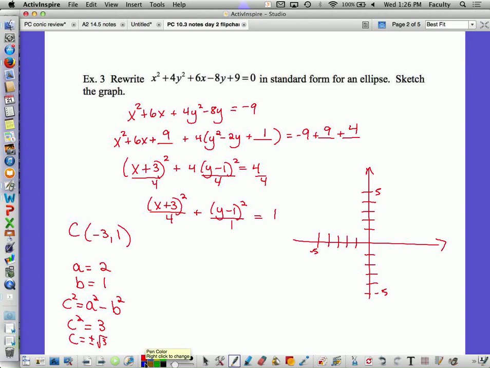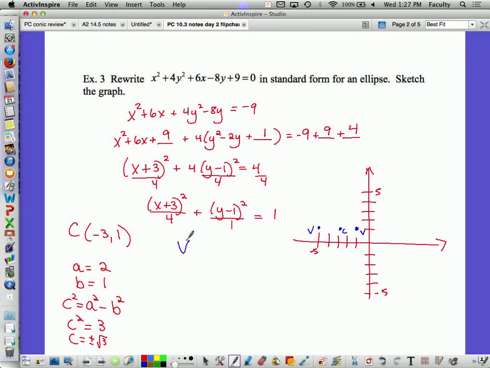All right, so let's plot the center. It's at negative 3, 1. And then because A is underneath the X, that means I have a horizontal major axis. That means left, right. So from the center, I'm going to move 2 to the right, and that's a vertex. From the center, I move 2 to the left. That's a vertex.